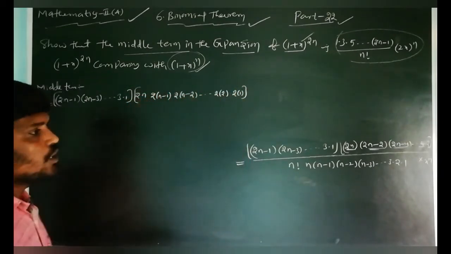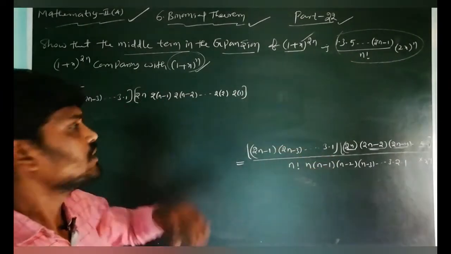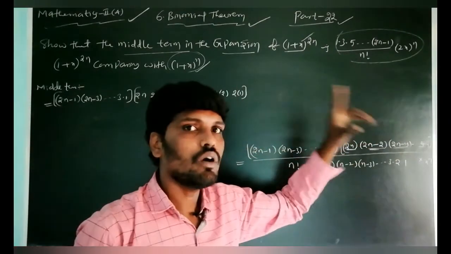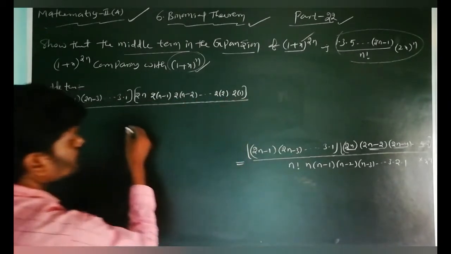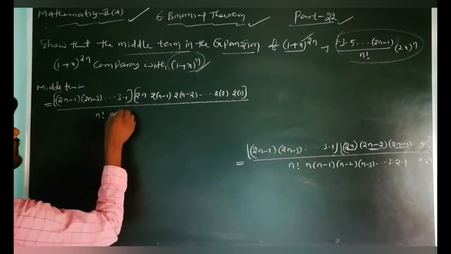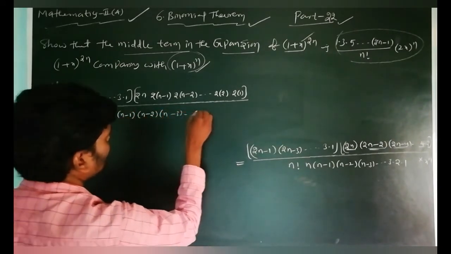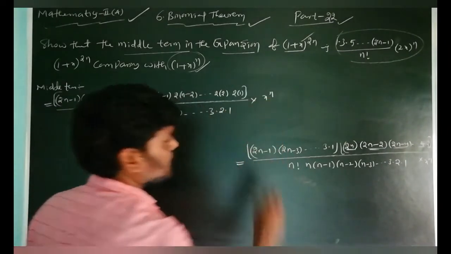You can write 2n as 2 into n, 2n minus 2 as 2 into n minus 1, 2n minus 4 as 2 into n minus 2, 4 as 2 into 2, 2 as 2 into 1. All by n factorial into n minus 1 into n minus 2 into n minus 3 and so on 3 into 2 into 1 into x power n.